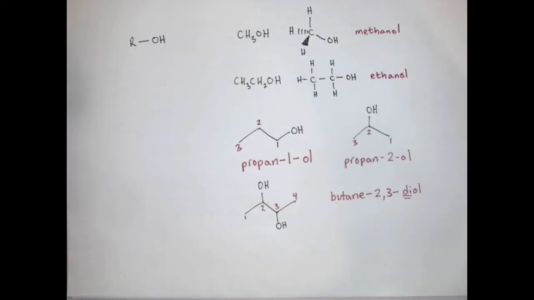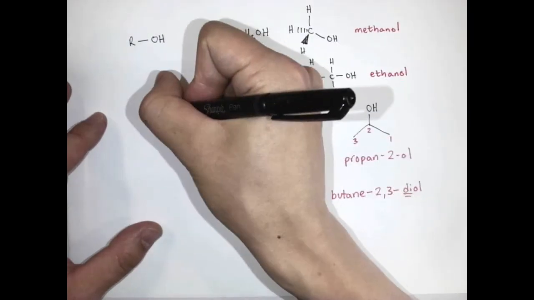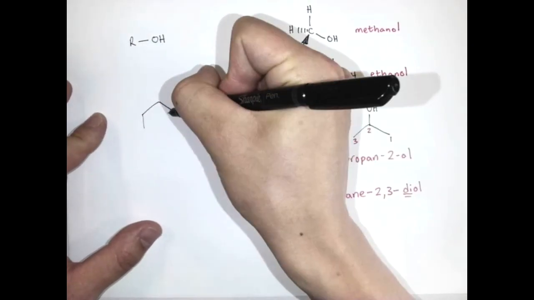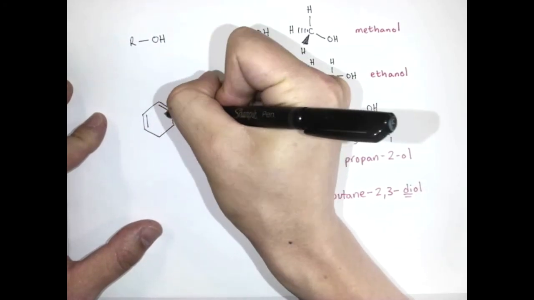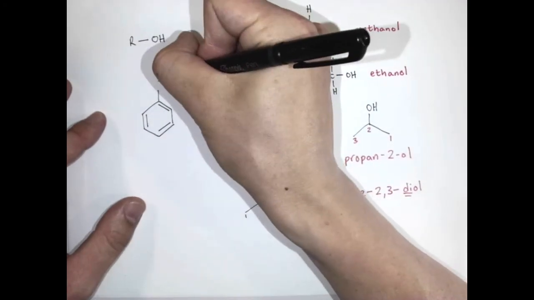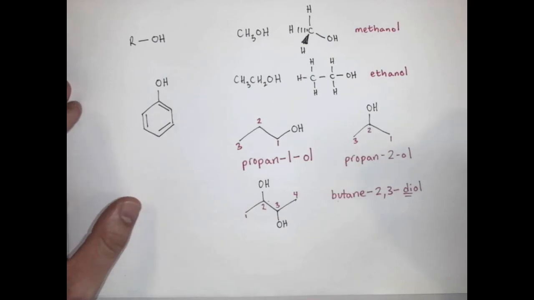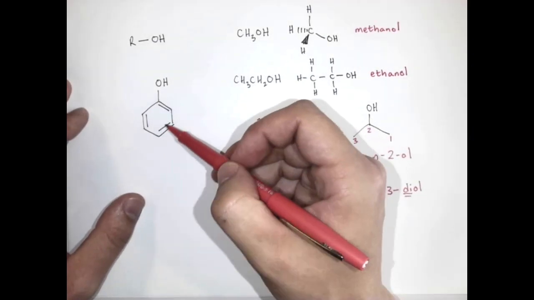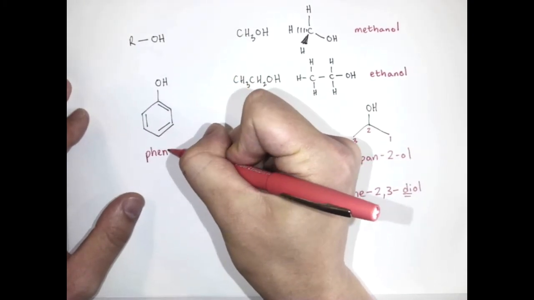All right, the last one I want to show you is what do we do if we have a hydroxyl group coming off of a benzene ring. In this one, it's kind of hard to intuitively come up with this on your own, but the name for this is actually, I'm just going to tell you, it's phenol.